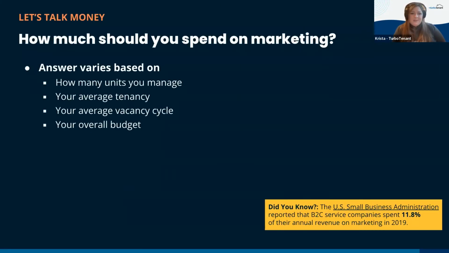With that in mind, you might be asking yourself, well, how much should I be spending? The answer is going to vary. So if you're a landlord with only one unit in a hot market, you're probably going to be spending less than a landlord with 40 units in a slower market. So consider how many units you manage, the average length of tenancy and your vacancy cycle, and your overall business budget.